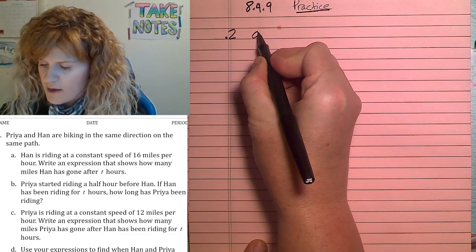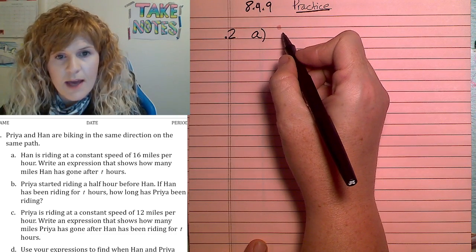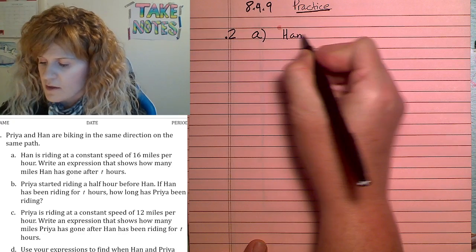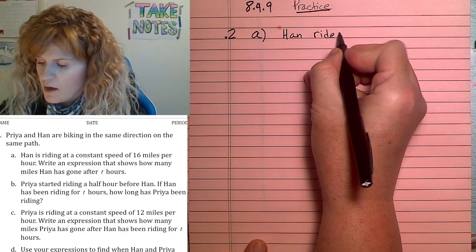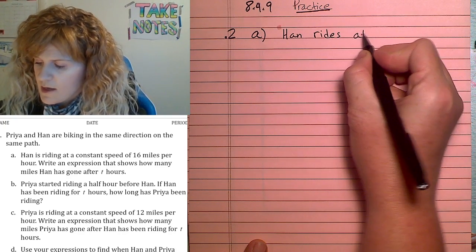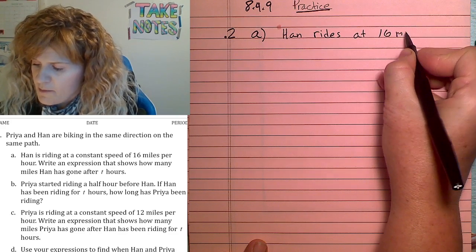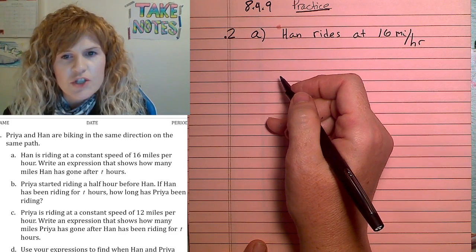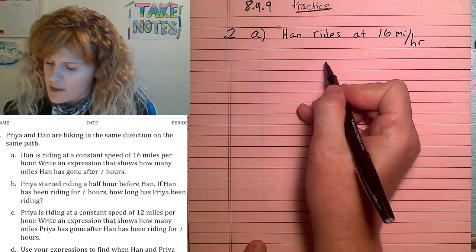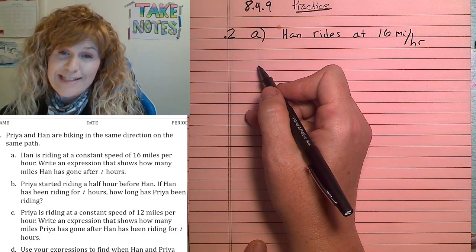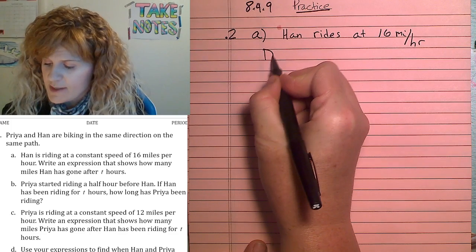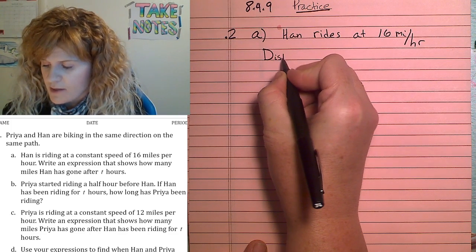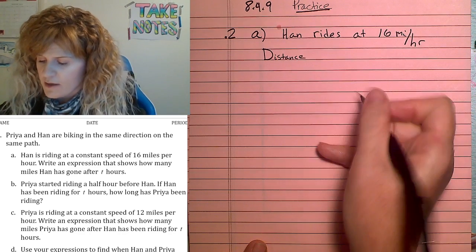So for A, it tells you that Han is riding at 16 miles per hour. Let's write that down. Han rides at 16 miles per hour. And an expression that shows how many miles he's ridden, I'm going to call that distance. So D equals distance. I'll spell it out once so that you don't get confused later.